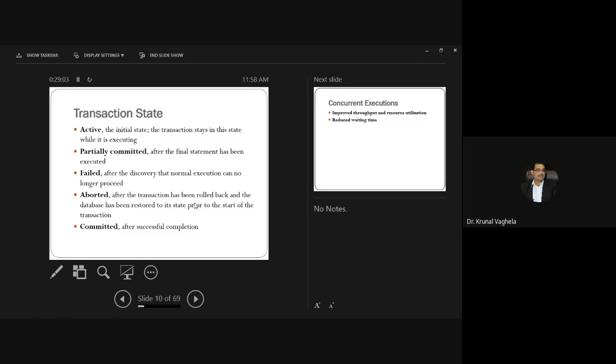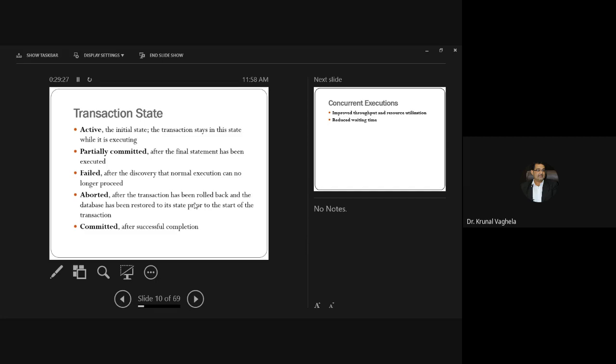Active, the initial state. The transaction stays in this state while it is executing. While the transaction is actually executing, it is in the active state.